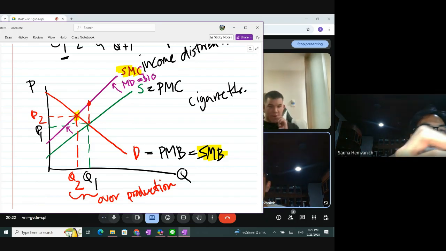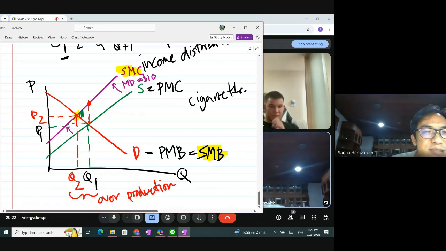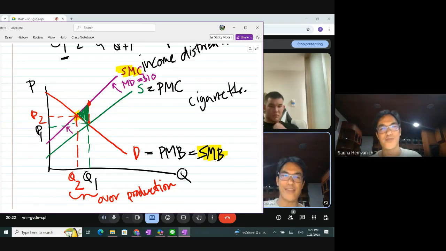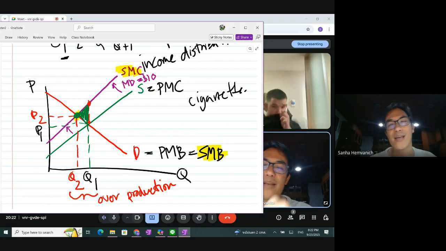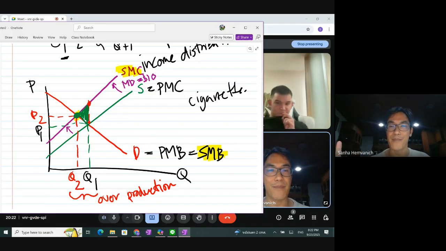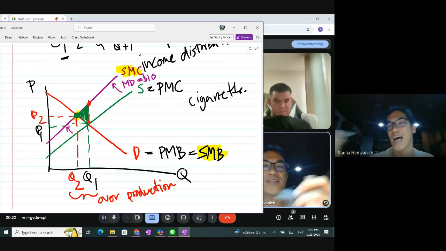Okay, so you can see this area here, the inverse triangle. This is the area where, if you look at the society, you should stop at this point, right? This is when the marginal cost of the society and the marginal benefit are the same. When you produce more than Q2, the cost is higher than the benefit.